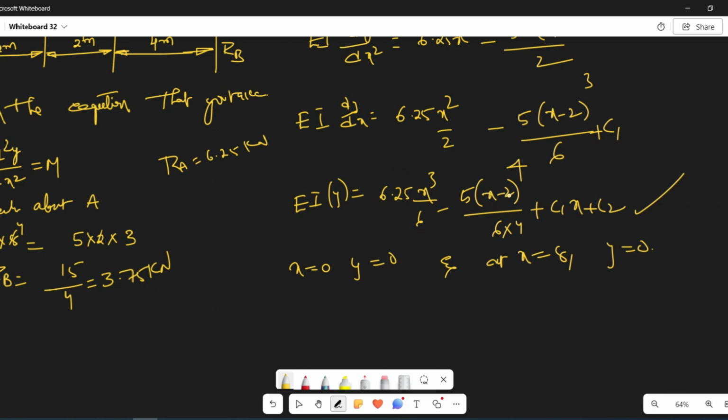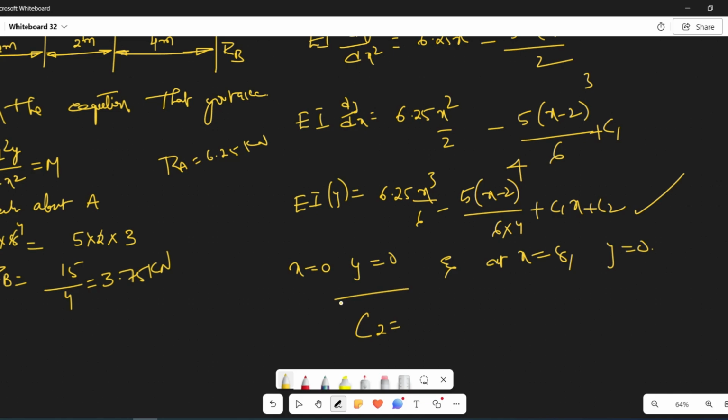But here this term will not become 0. 0 minus 2 whole to the power of 4 is there, so this is going to be 2 to the power of 4, which is 16, into 5 divided by 24. If you take that value to the other side, obviously C1 term becomes 0 because x is 0, so you can find the C2 value.